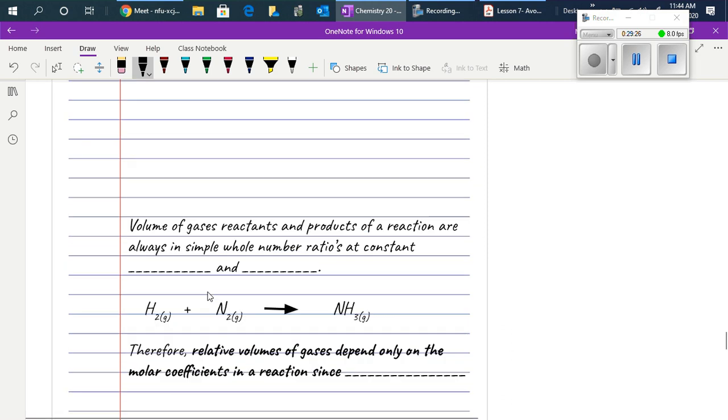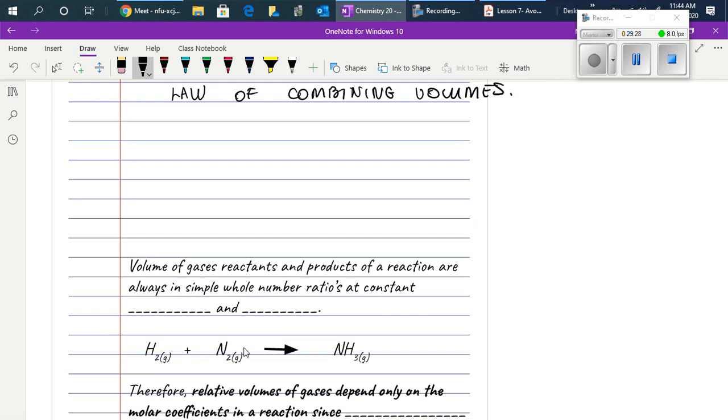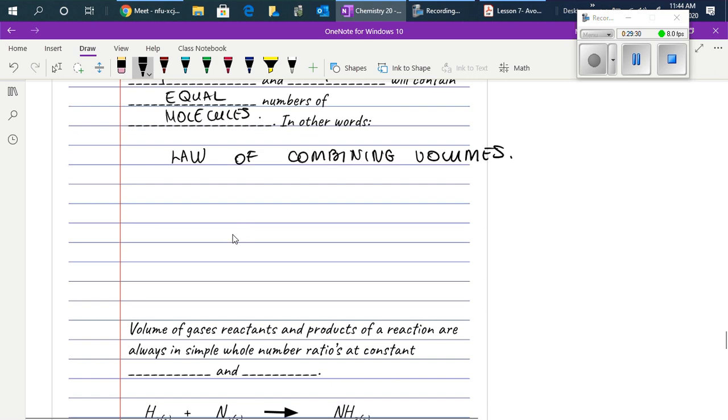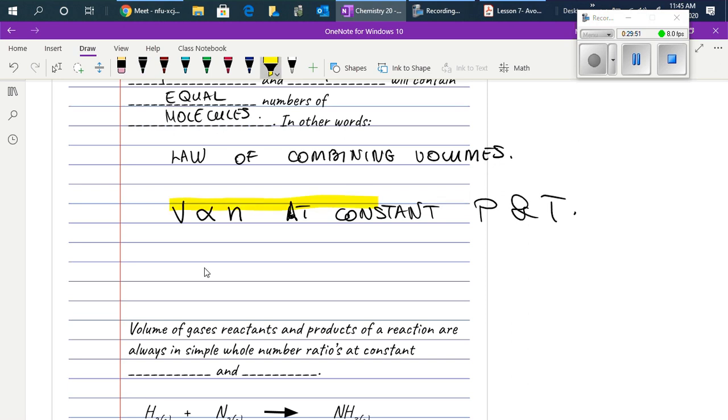Okay, so this is known as the volume being in direct proportion to the number of moles at constant pressure and temperature.